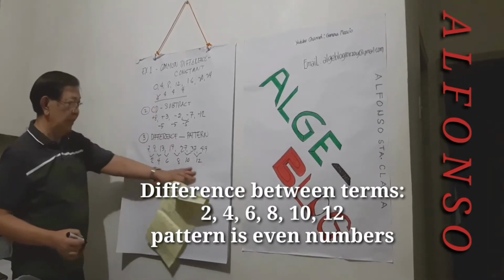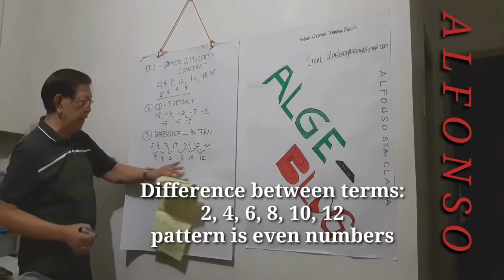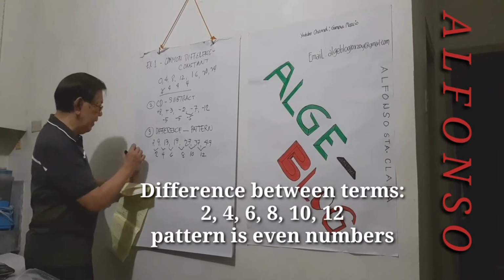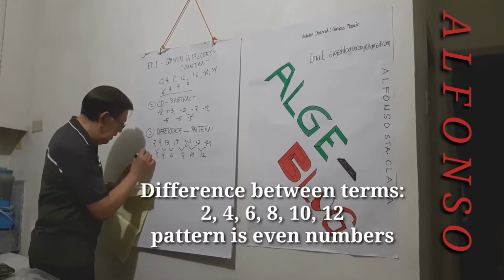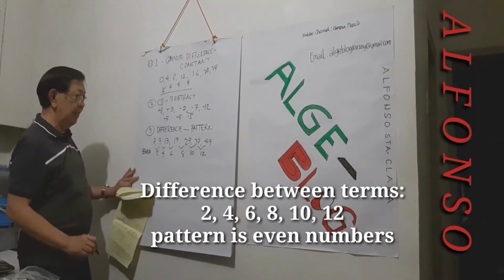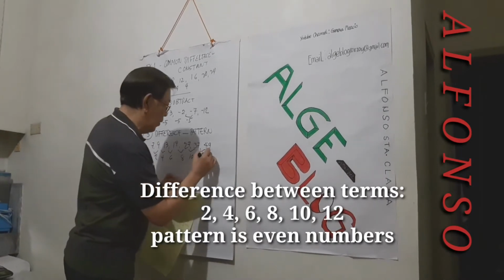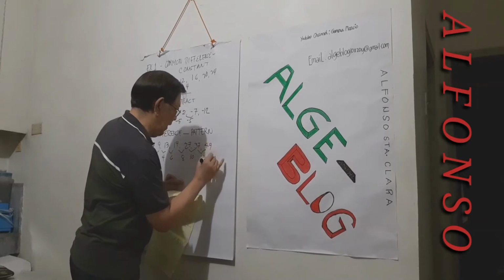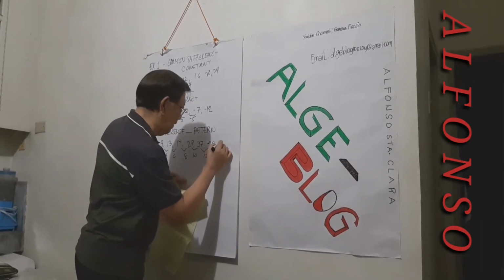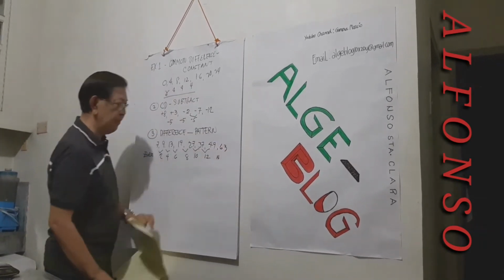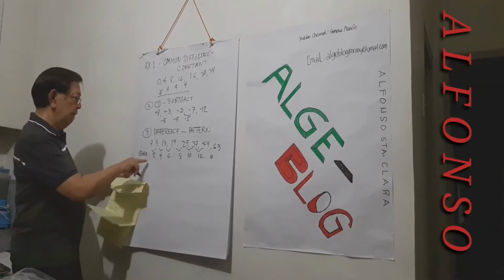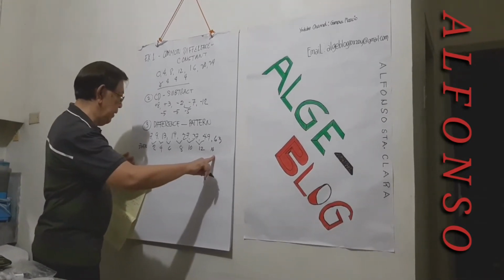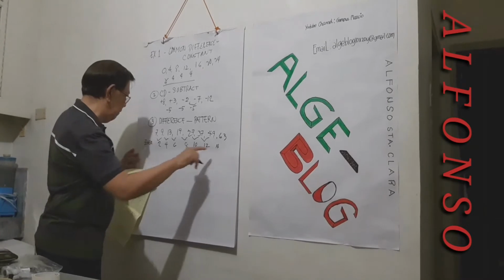So if you notice, the difference is no longer constant, but it has a pattern in the sense that these are all even numbers. So the next difference should be 14, and the next number should be 63. The difference here is progressive even numbers.